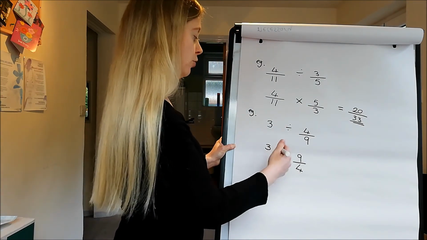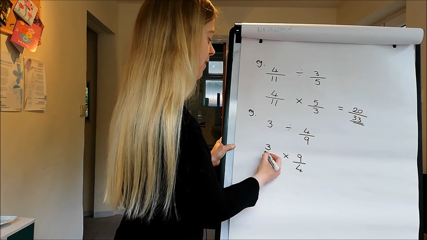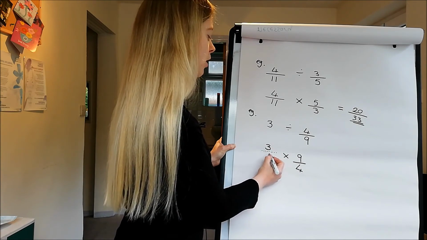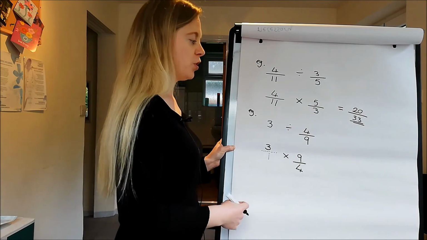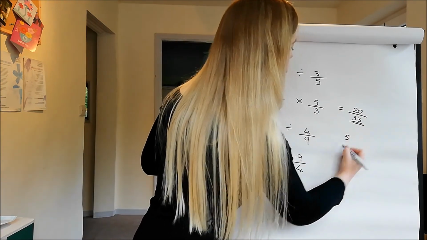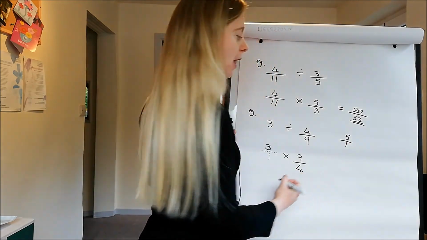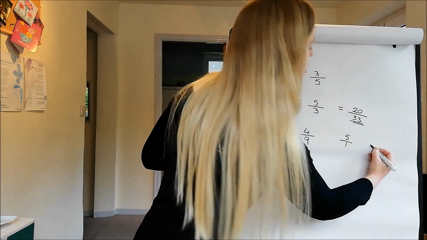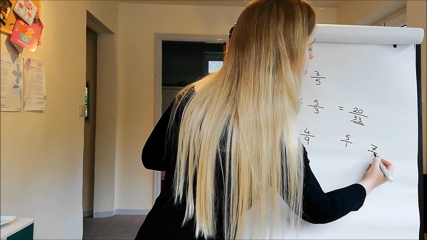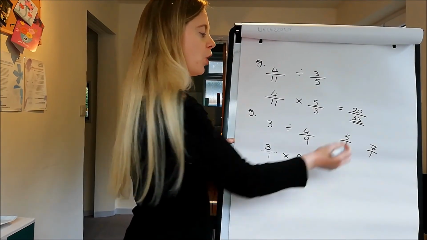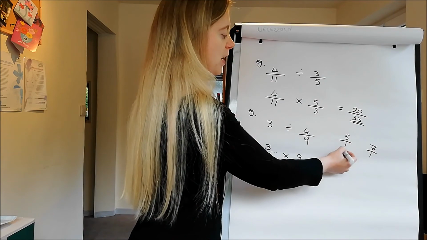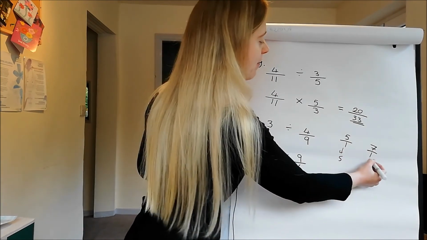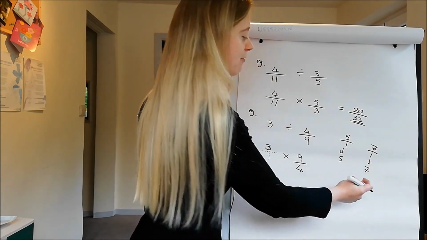Now in this case, 3, the whole number 3, you can think of it as being over 1. We don't go around writing whole numbers as being over 1. So if we have the number 5, we don't go around in life writing it as 5/1. We don't go around writing 7 as 7/1. But over means divided by, and 5 divided by 1 is 5, and 7 divided by 1 is 7.